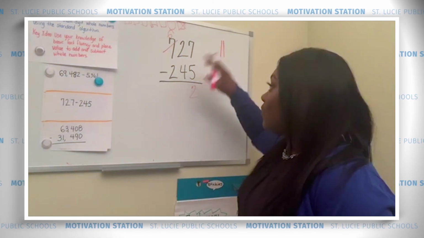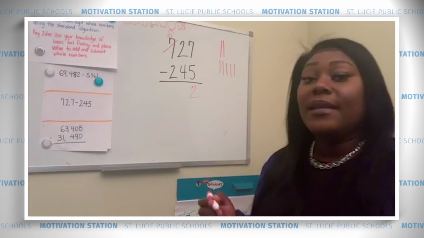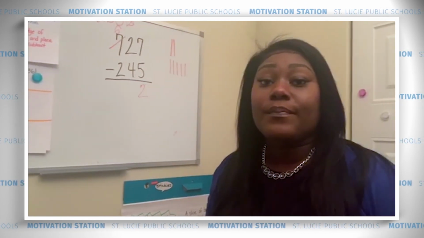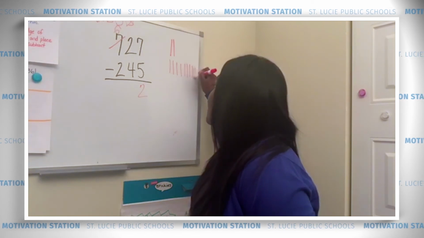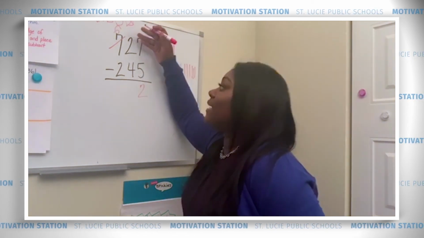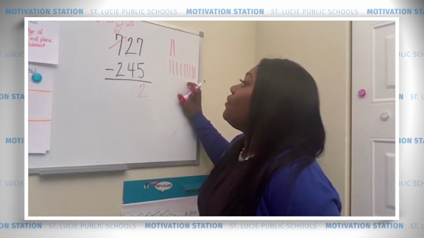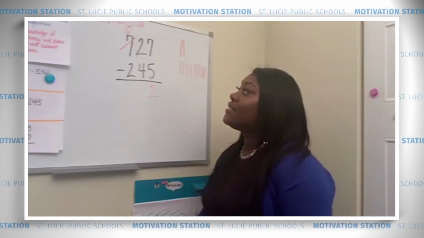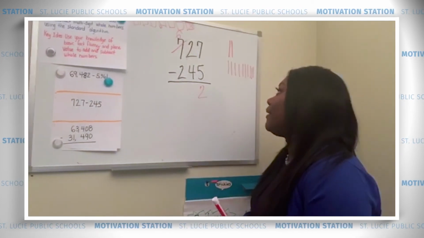I'm going to take the 100 and exchange it into tens. Do you know how many tens are in 100? 10 tens. So instead of just having 2 tens, now I have 12 tens because I regrouped one of those hundreds and made it into tens. I'm not giving those tens back. That's why it's not called borrowing.